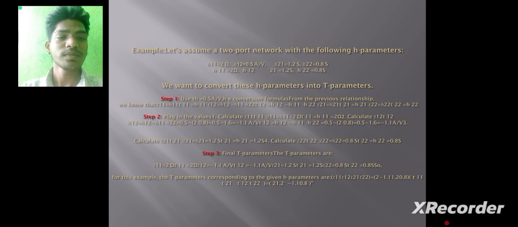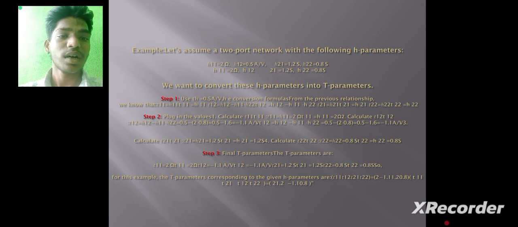Calculate T12: T12 equals H12 minus H11 into H22, equals 0.5 minus 2 into 0.8, equals 0.5 minus 1.6, equals minus 1.1 amperes per volt.